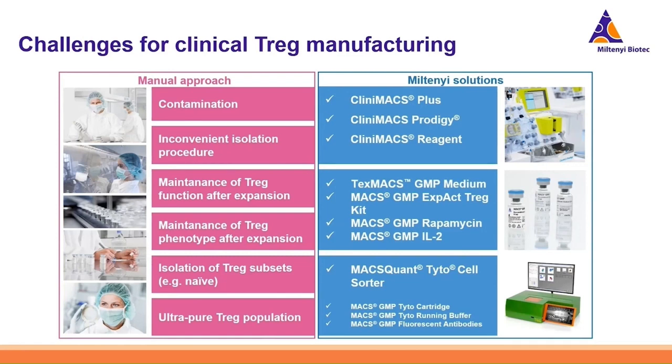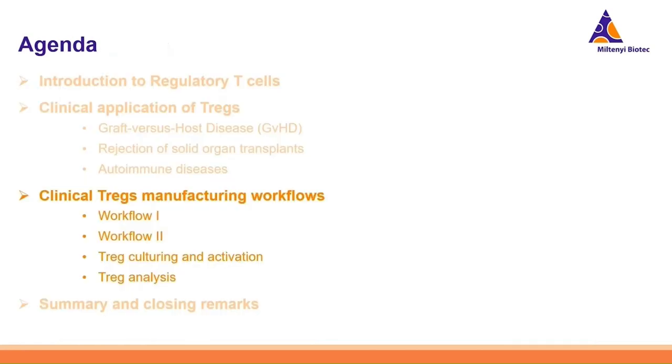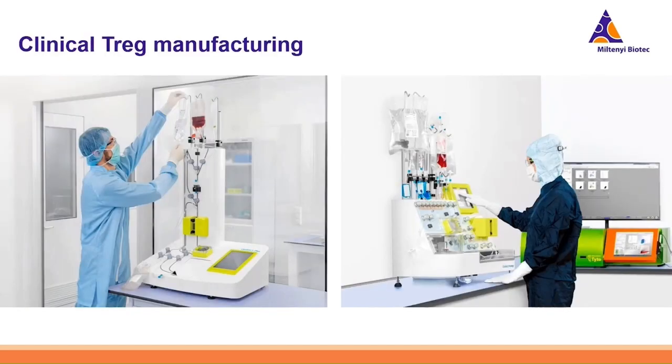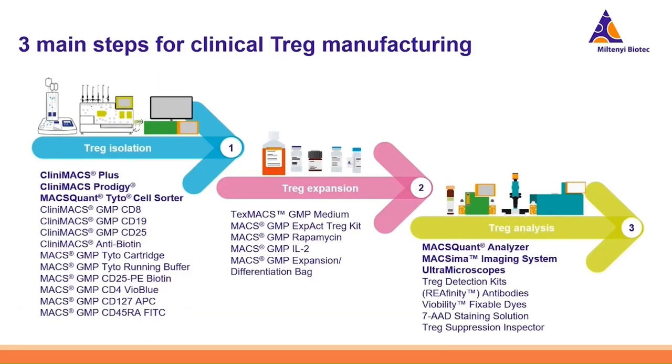So let's then jump to the exciting part and have a look at different workflows that we can offer here to manufacture clinical Tregs. Treg manufacturing is basically composed of three steps. First, the isolation of the Tregs, then the Tregs usually go into an expansion phase to get meaningful numbers for a treatment.